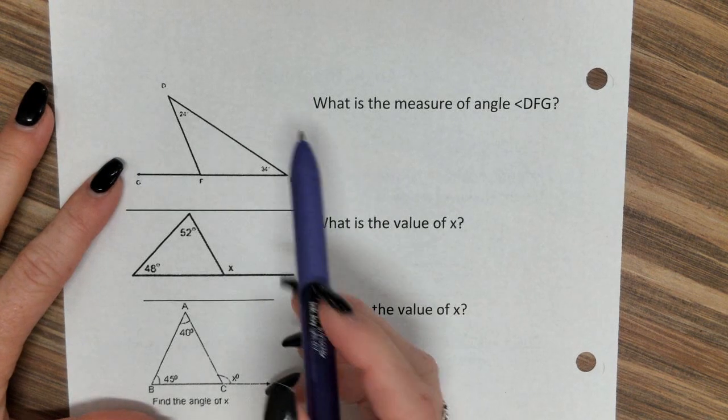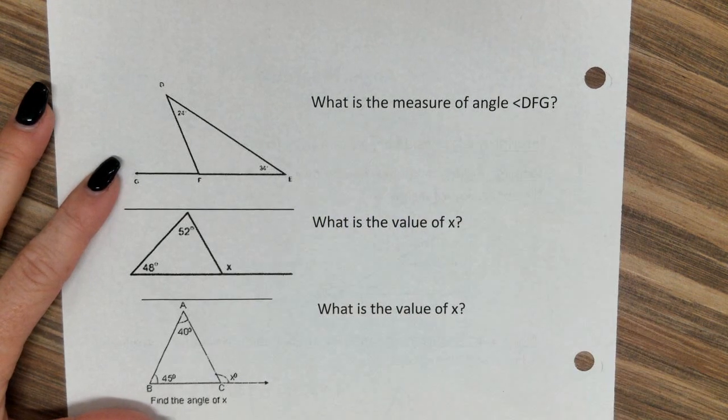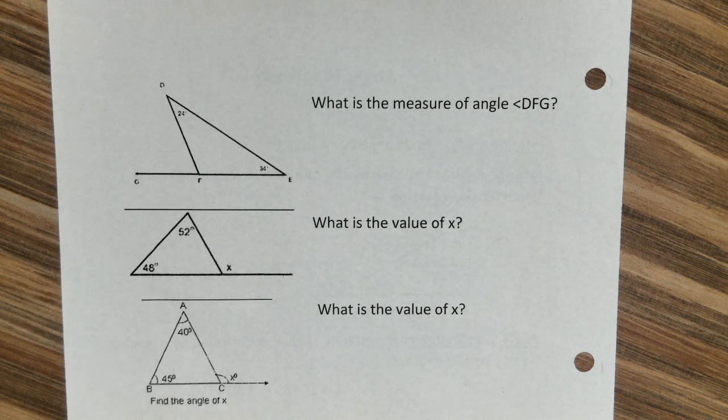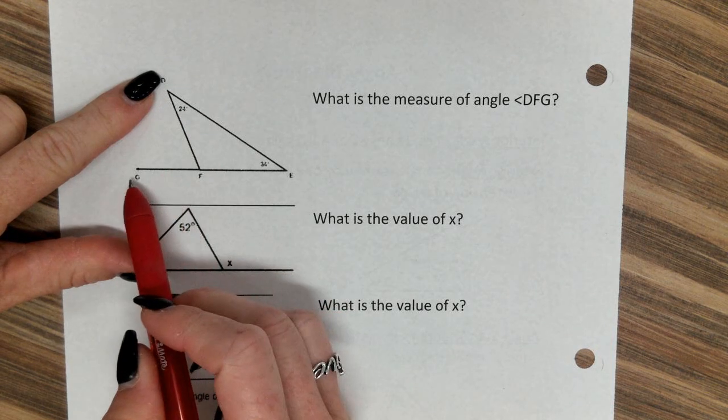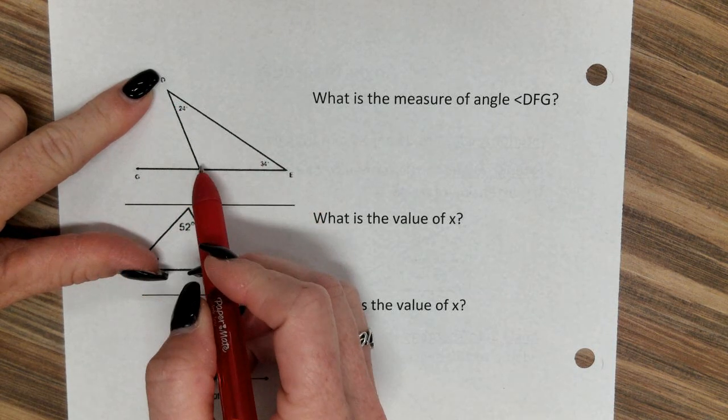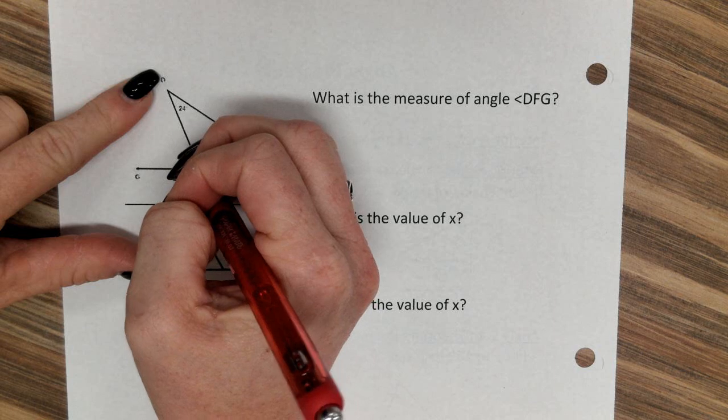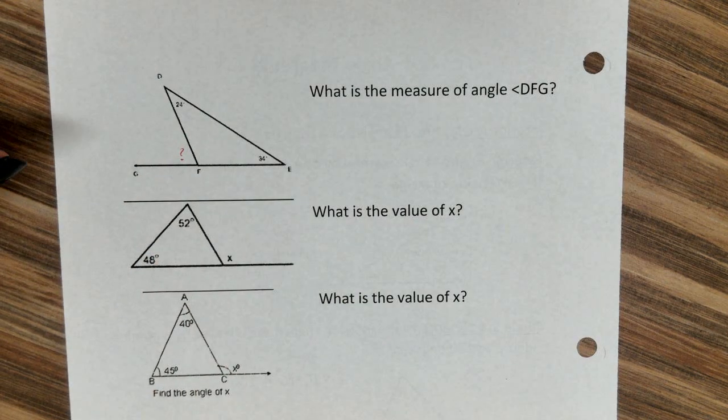All right, so look at the first example. It says, what is the measure of angle DFG? The first thing you need to do is find DFG. So everybody find D. Go to F. Go to G. When I make that motion with my pencil, this is what I'm looking for right here. Does everybody agree? Are we paying attention?